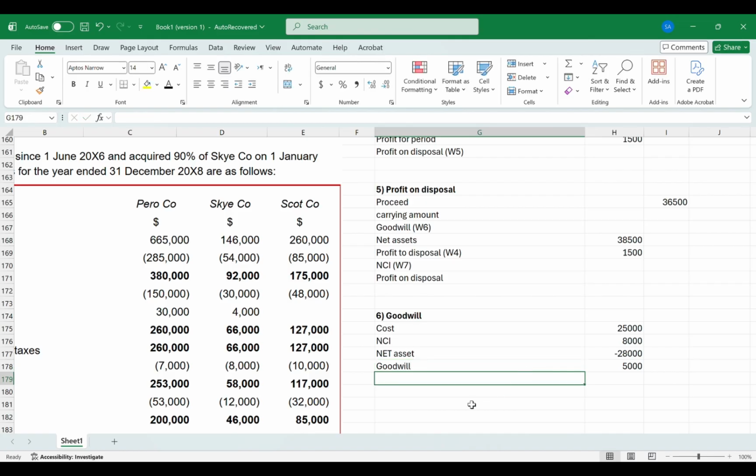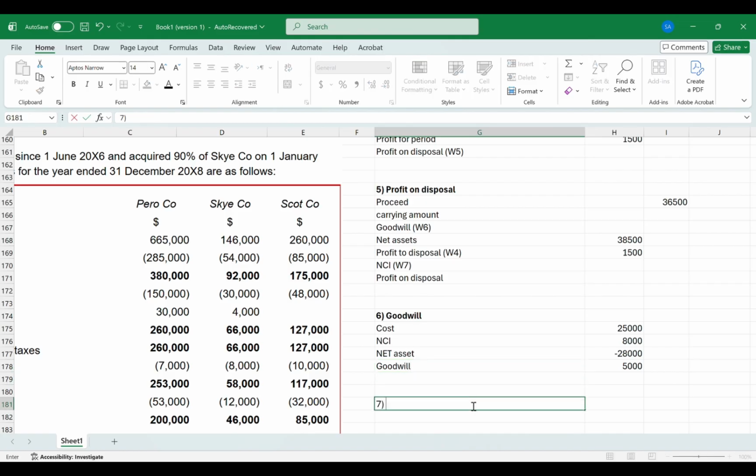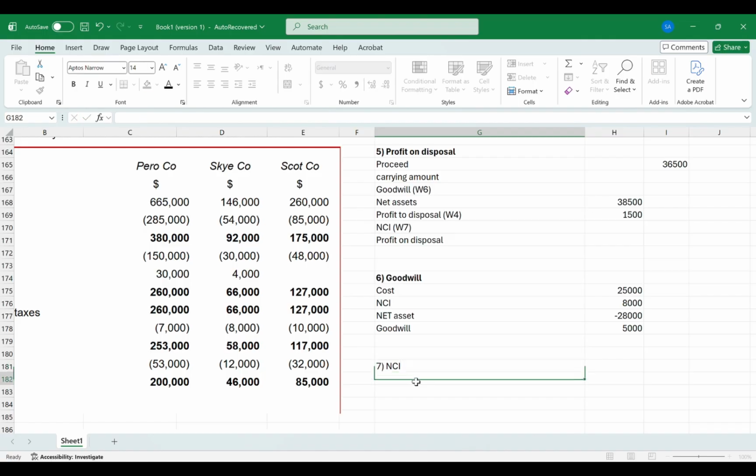And then comes working 7, the last working. I know this is a little bit a lengthy question, and in your FR exam you will not get this lengthy question, but understanding is the key. This is NCI at disposal date, not acquisition.